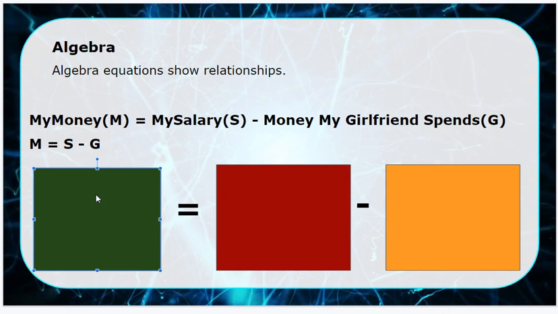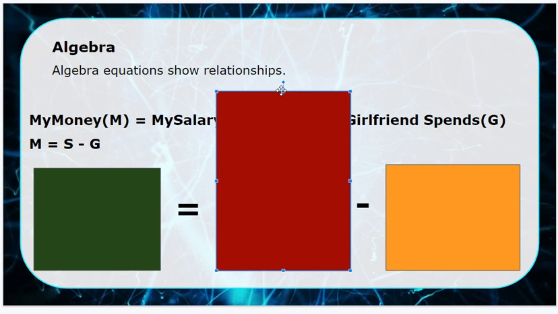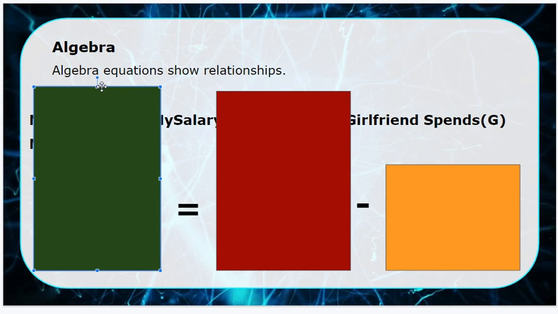If I were to start making more money at my job, okay, if S were to get bigger, what would that do to my money? Well, that would make my money go up, right? Hopefully that's obvious to you. If I start getting more money at my job, then my money goes up.